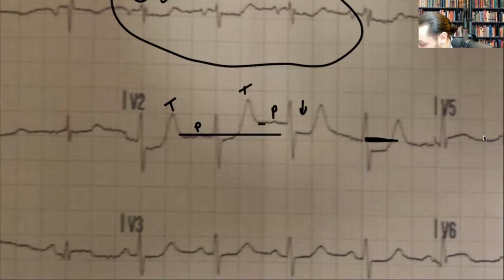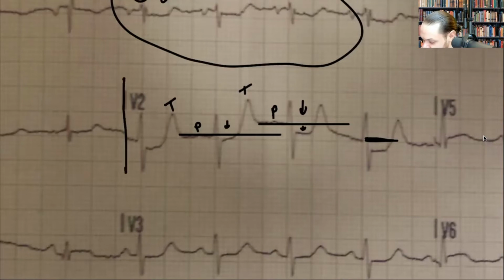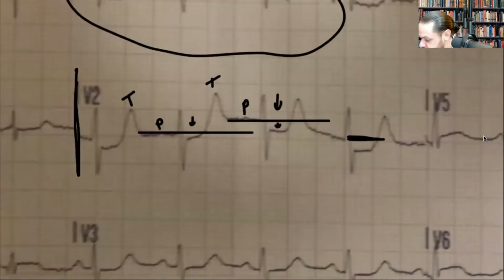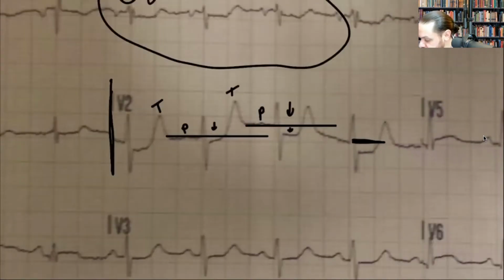So my T to P segment for this particular one would be here. So all of them seem depressed to me. See the depressions? This V2 starts here, so this is cut off, so I'm not sure where this one is, right? But here, I could definitely say this is the T wave, this is the P wave, this is my isoelectric line, and this is all the depression. Here, this is my T wave, this is my P wave, this is still depression.